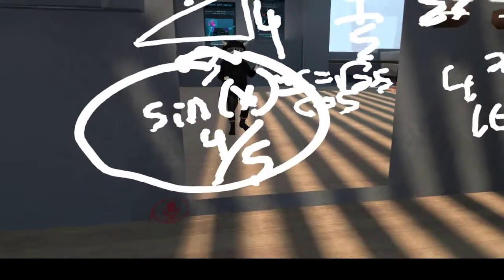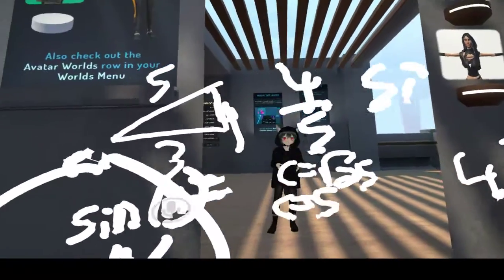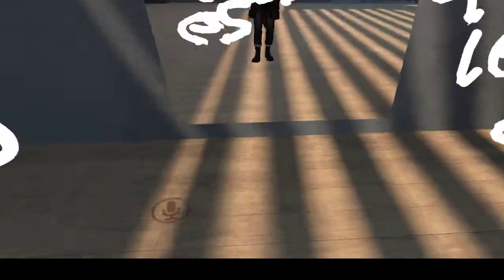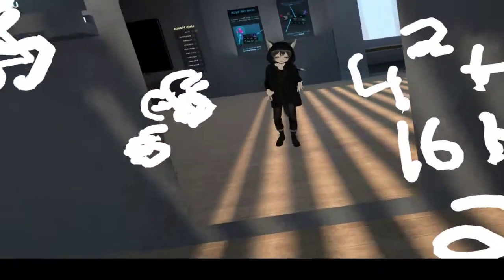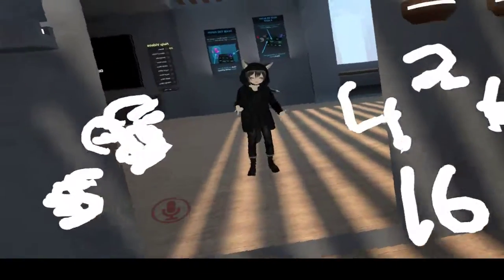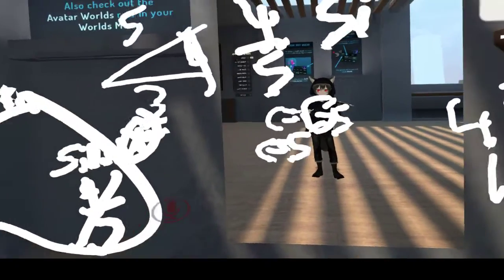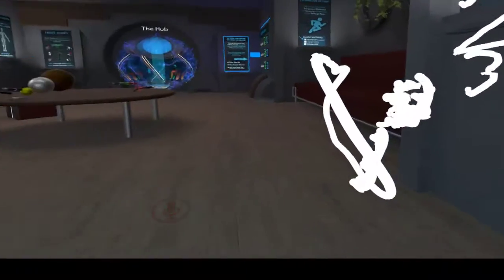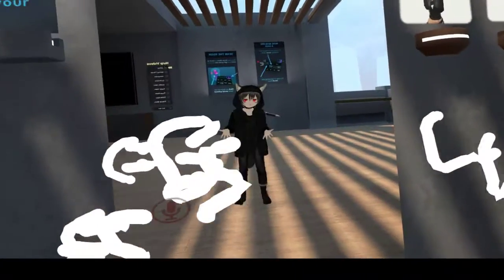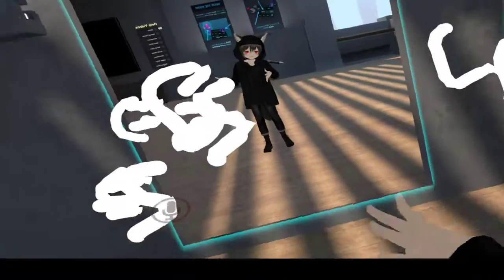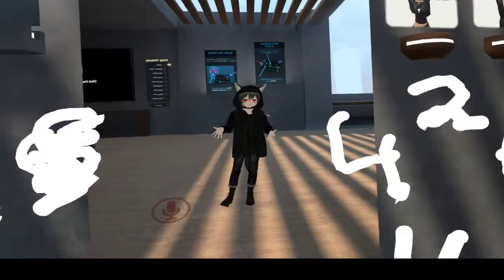I can do enough of my chicken scratch to come up with the answer, and this is a whole lot more enjoyable than sitting at the same desk that I've sat at for hours upon hours upon hours. So this is how I'm doing it. And again, the YouTube players inside VRChat are broken. I hope to just play it on the wall and be free to roam the room.